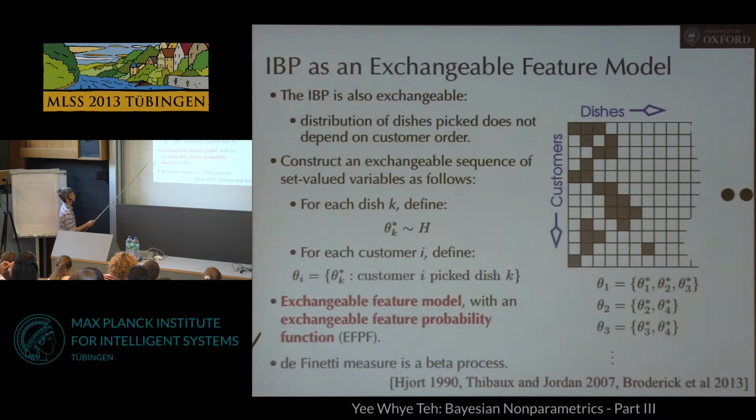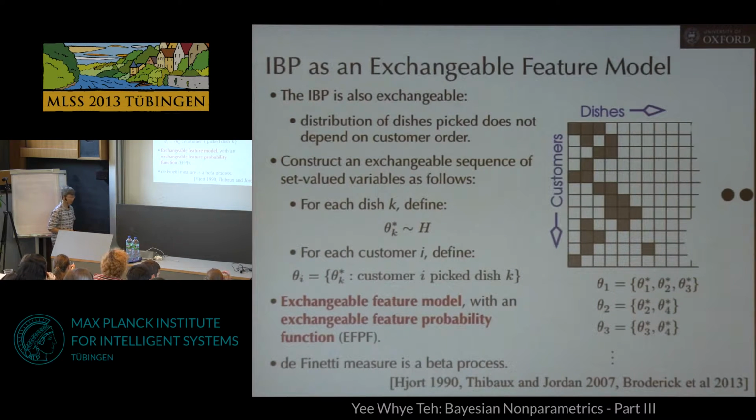You can ask what that is: it's basically a process that people have actually worked on in survival analysis called a beta process. This is work done by Romain Thibaux and Mike Jordan. It's a very nice paper. And Mike now has another student, Tamara Broderick, who has continued to explore this area and look into this idea of an exchangeable feature model.